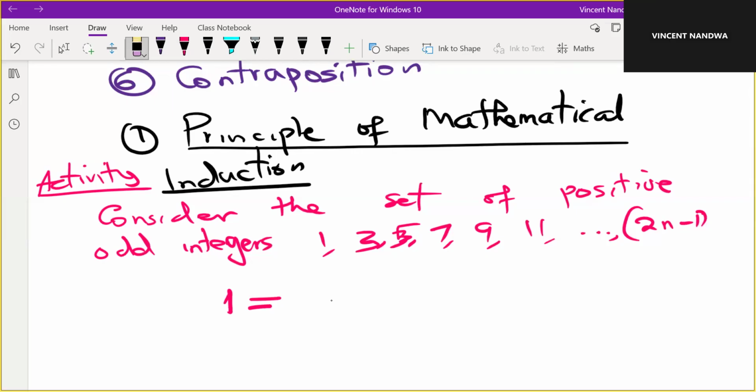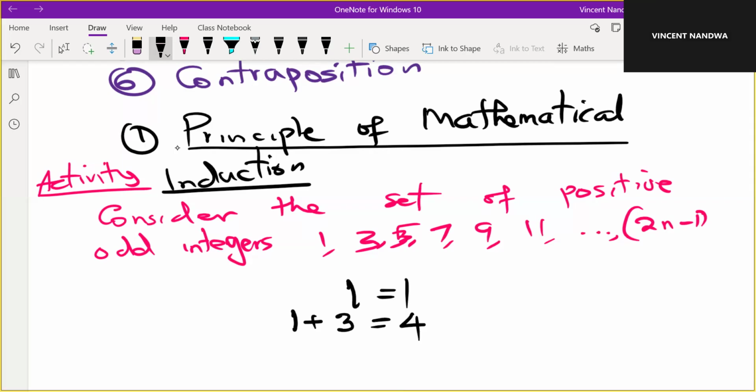So if I have only the first odd positive number 1, then the value remains to be 1. So I have 1 is just equals to 1. But if I pick 1 and I add to 3, what answer do I get? I get 4.